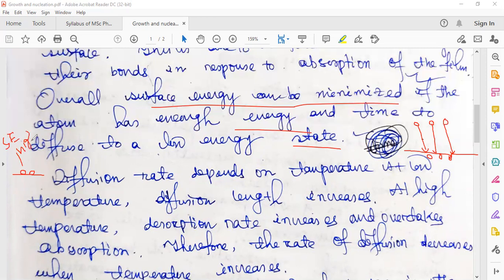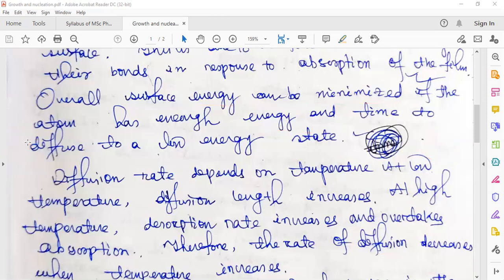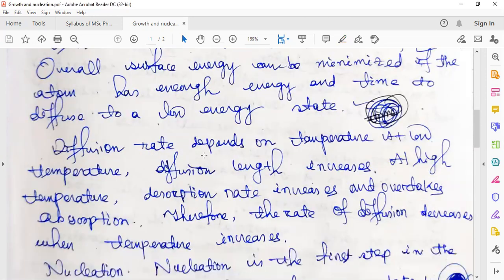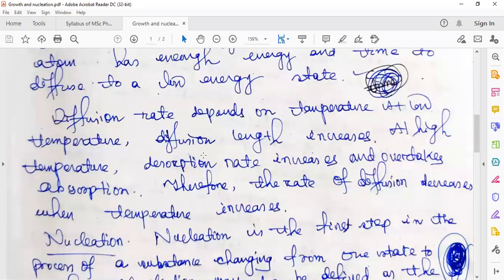Very high. So this high surface energy can be reduced by using atoms that have high energy so that they can diffuse into the substrate.